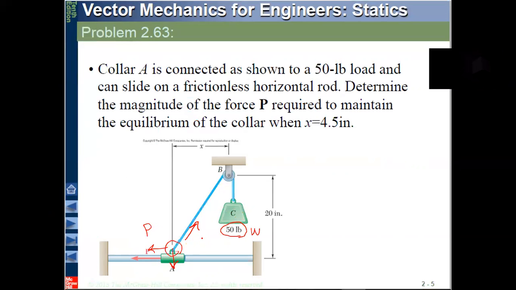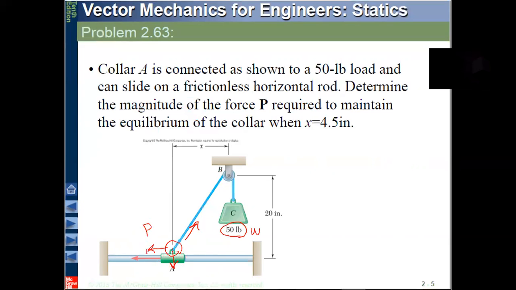And well, it is a static case, and you don't have any friction on this rod. The only horizontal force that is acting on collar A is the force that you're imposing, which is P. And so let's draw the free body diagram.